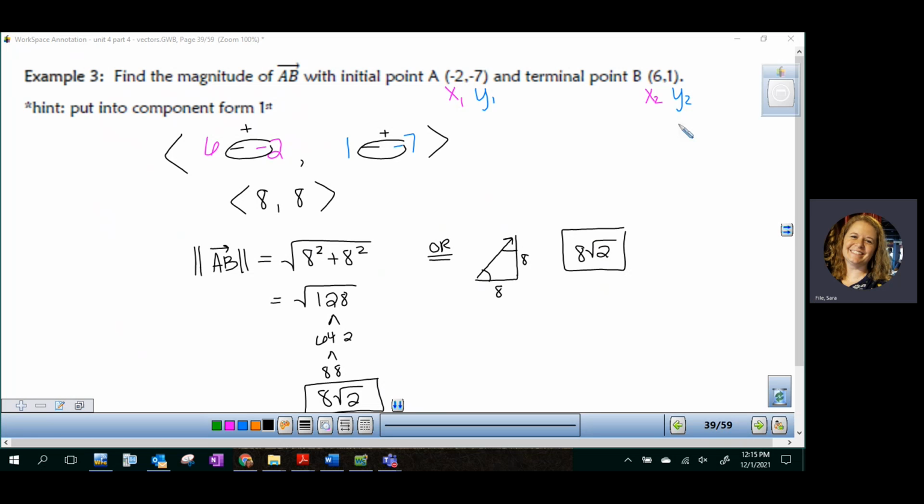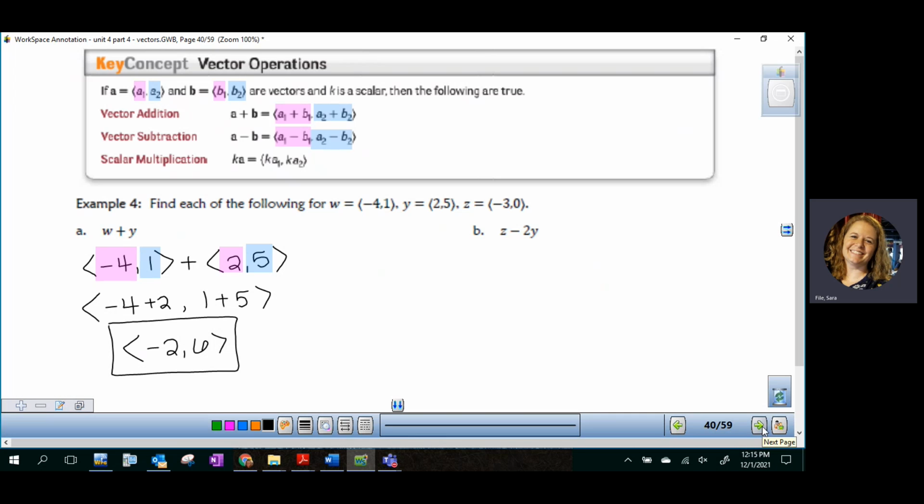The length from the initial spot to the terminal spot versus the terminal spot to the initial spot doesn't change. But it does matter which is the initial and terminal point if you're having to find the direction. So just keep that in mind. Initial point should be x1, y1. Terminal point should be x2, y2. I just wanted to point that out before I forgot.